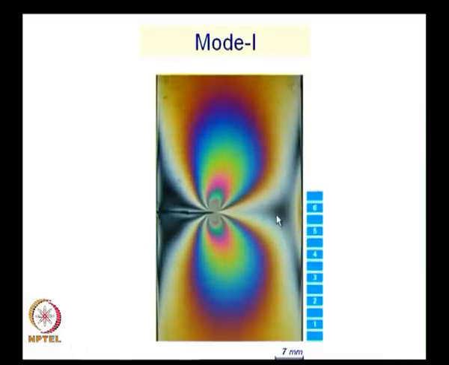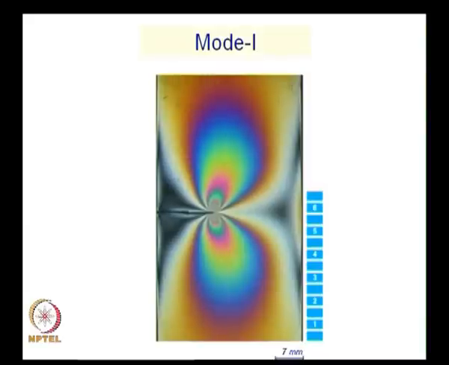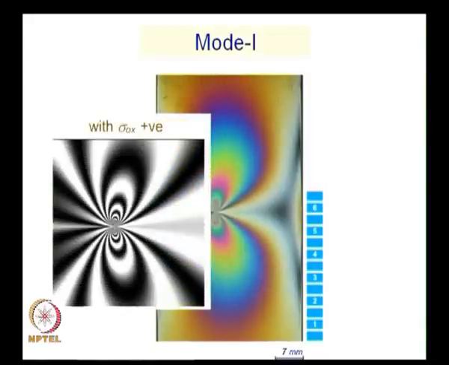So, what people have noted is, when the crack goes very close to the free boundary, you have the frontal loops developed like what we had seen earlier. And if you look at Irwin's modification, for a crack which is short enough, the fringes are forward tilted, that aspect is captured by Irwin solution, and it showed a constant fringe order along the crack axis.